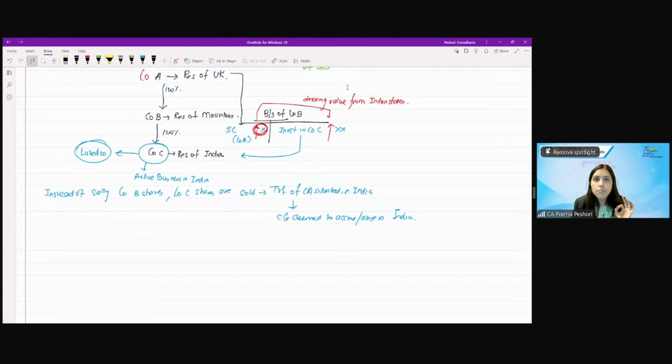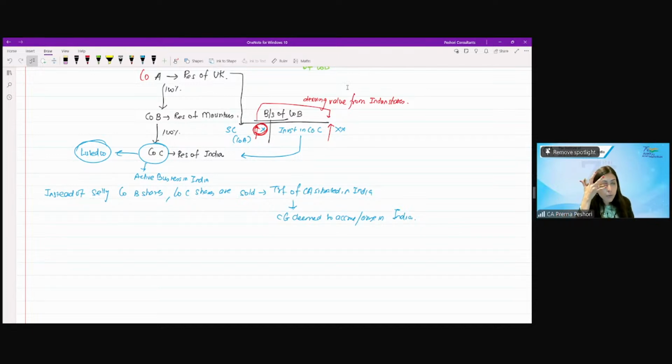Fine. Now, this was the loophole which was realized by the tax authority in the case of Vodafone. You may not know, but when I was very small, there used to be the Hutch in India before Vodafone.